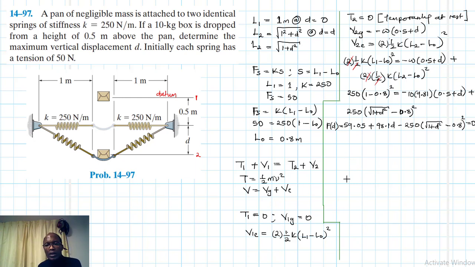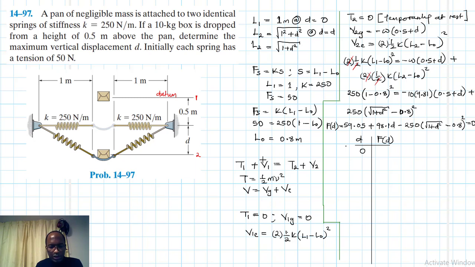Okay, I want to use trial and error to solve this. You can solve this using whichever method is okay for you. For me, I'm using the trial and error method. So here I will have my D, and here I will have my function of D, which represents the error. So when D is equal to 0, let me just punch in this equation in my calculator.